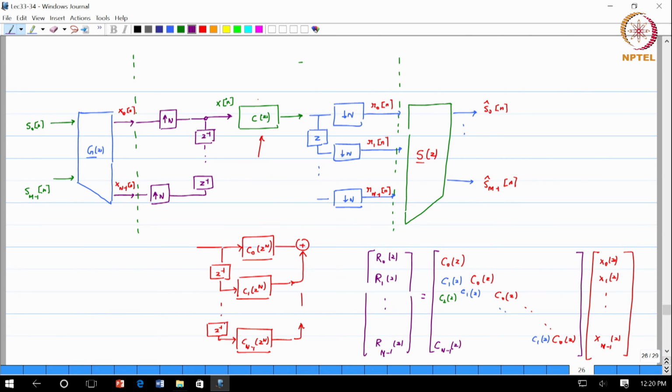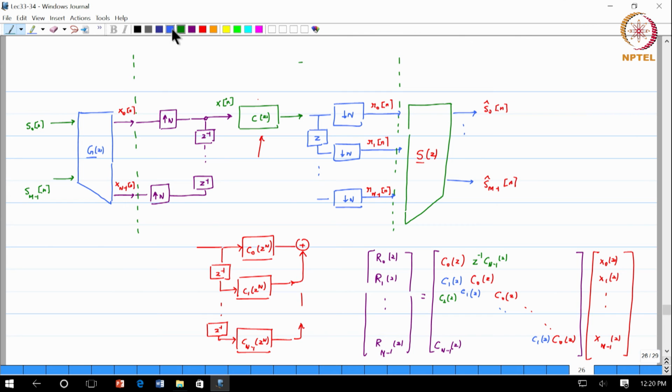The only branch that can go through is the last one, because it will have z power minus n when I downsample. When I downsample, I will get the transfer function to be z inverse times Cn minus 1 of z. Okay. And then you will get a Toeplitz matrix of z inverses.